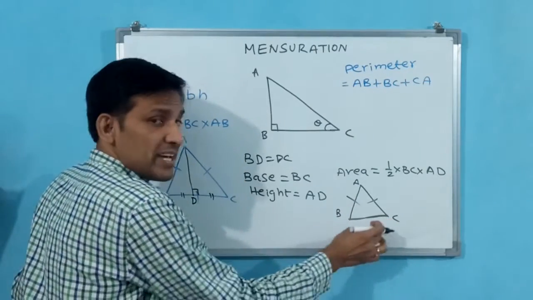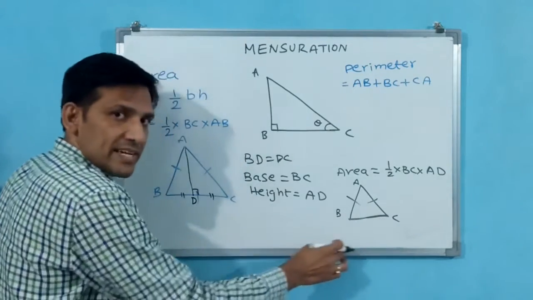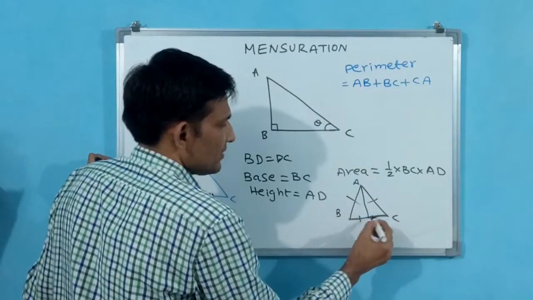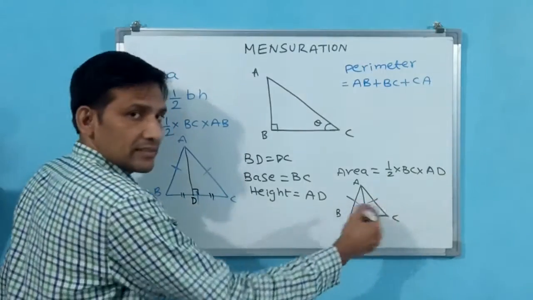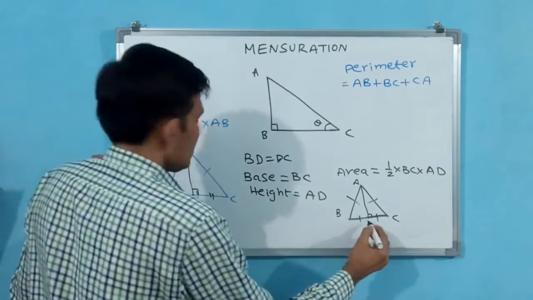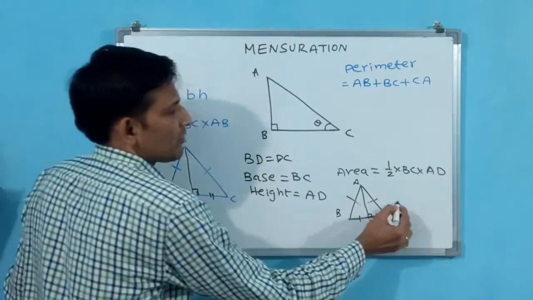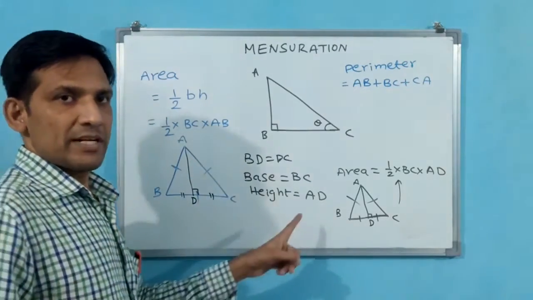You have to make the base as the third side and again you draw a perpendicular line. This also touches the center, because two sides are equal, two angles are equal. Same D you take. Then your area formula will be the same. You understand, na?